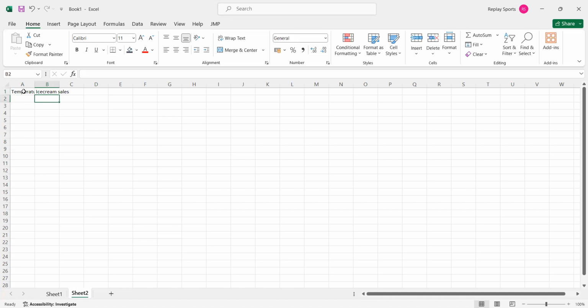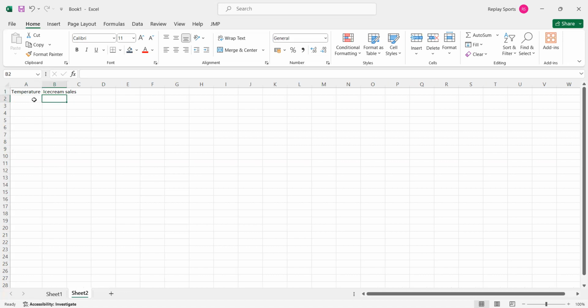Okay, so you have temperature in one column and ice cream sales in one column. Let's say the temperature was recorded at 15 degrees Celsius. Ice cream sale for the day was 3,200. Then temperature went to 25 degrees, sales went to 7,600.